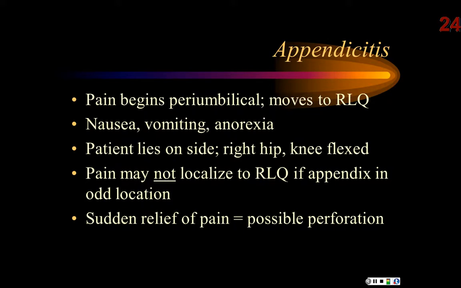That's one of the things we're going to look for. They tend to lie on their side with their knees flexed, drawn in. And it may not be localized to the right lower quadrant if it's in an odd location. There's a percentage of the population whose appendix is actually on the left side. Strange, but it does happen.